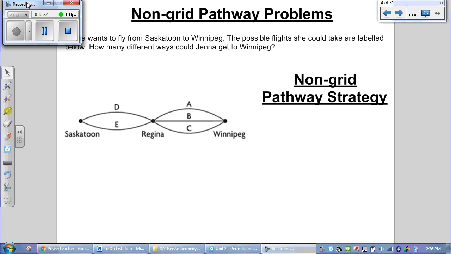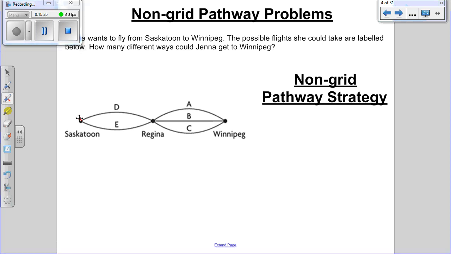Anyways, to figure this out, we're going to look at a couple experiments. So you could try counting them out. You could be like, all right, she flies route D, and then she flies route A. That's one possibility.